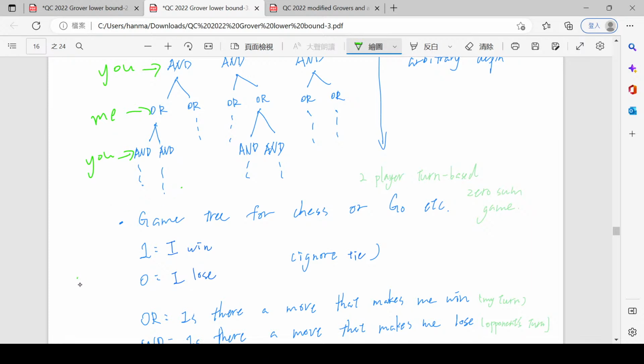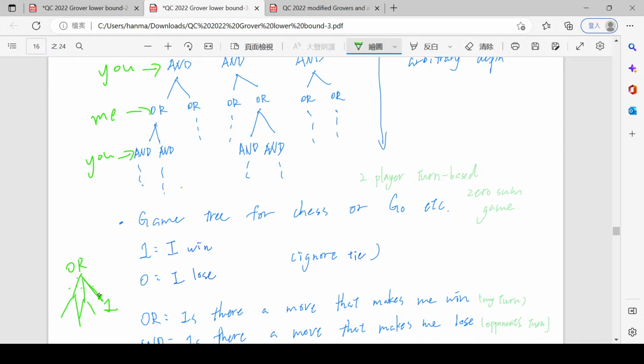So at the end of this tree, there will be some state where maybe I already win, right? So at the start of my turn, there are many decisions, maybe even more layers. But if there is some state where I already win, so there is one state that I win, then all those branches are the possible moves I can make.